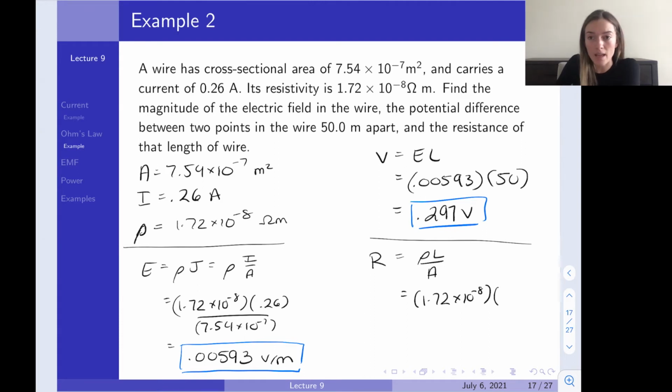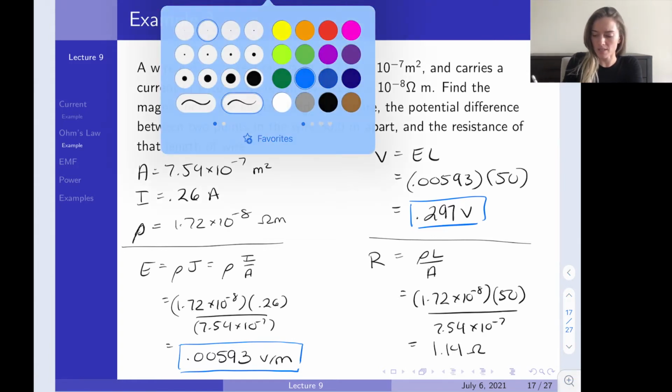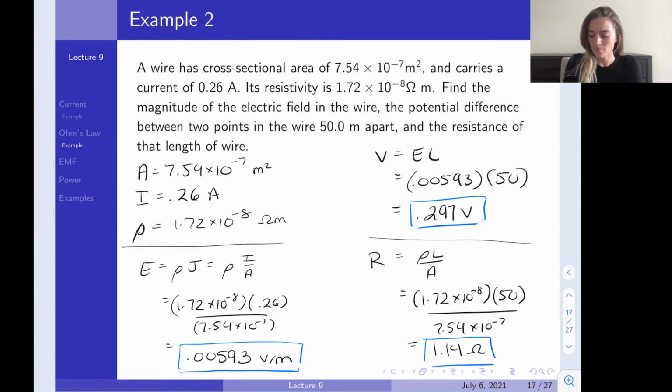The length we're looking at is 50 meters, and the cross-sectional area is 7.54 times 10 to the negative 7. This number comes out to 1.14 ohms. So 1.14 ohms is our resistance.